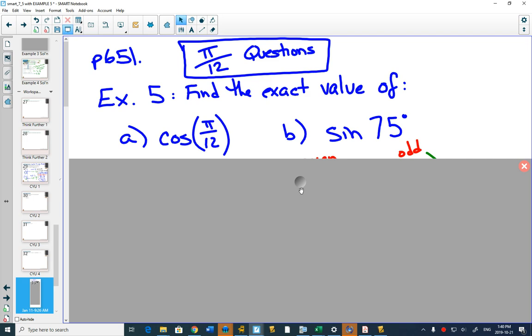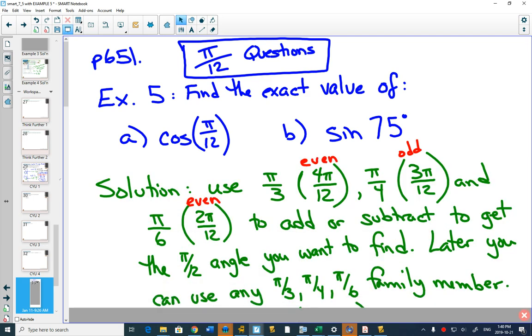Our solution is that we have to convert our family members that we already know, pi over 3, pi over 4, and pi over 6, which could all be represented as something over 12 with a common denominator, and you have to add or subtract until you get the pi over 12 angle you want to find.